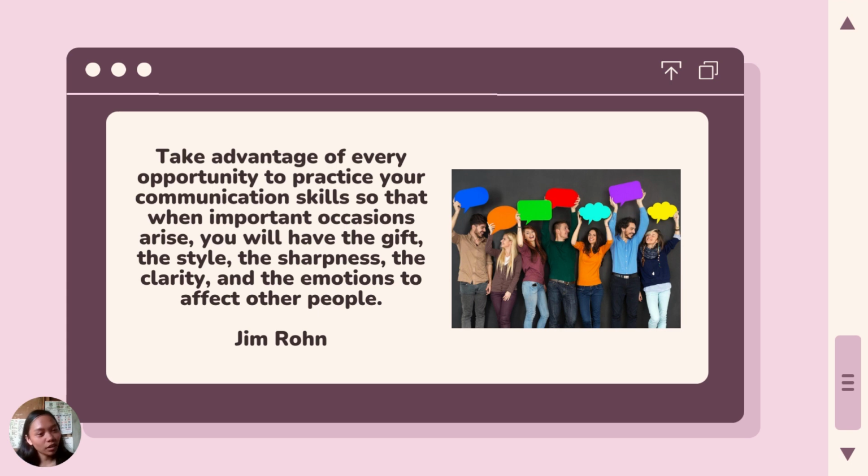So if you are given a chance to practice your communication skills, a chance to speak in front of a crowd or in front of many people, or to talk to people, even personal or private or for formal occasions, go with it because it will help you practice and be a fluent speaker and use your talent.